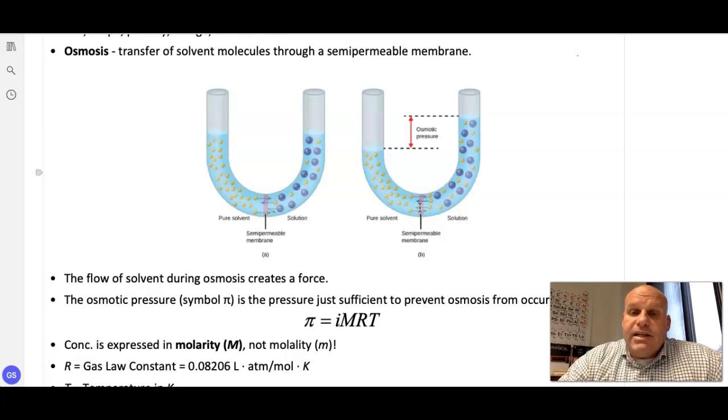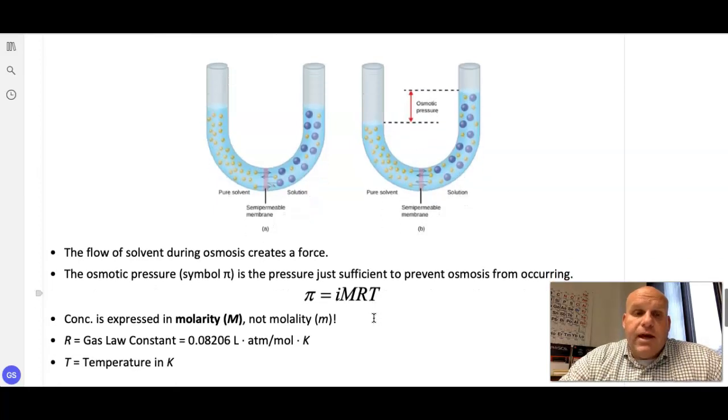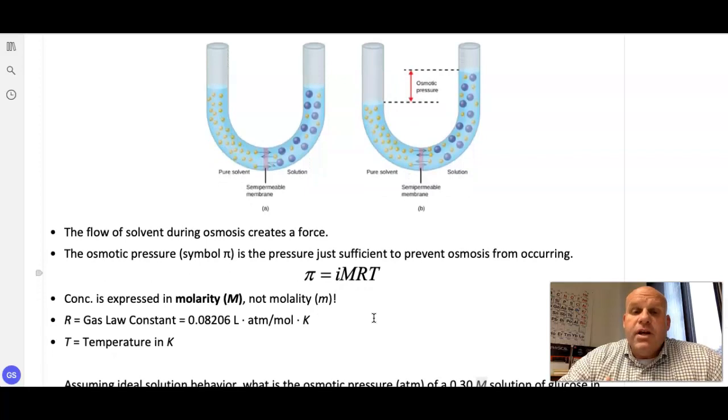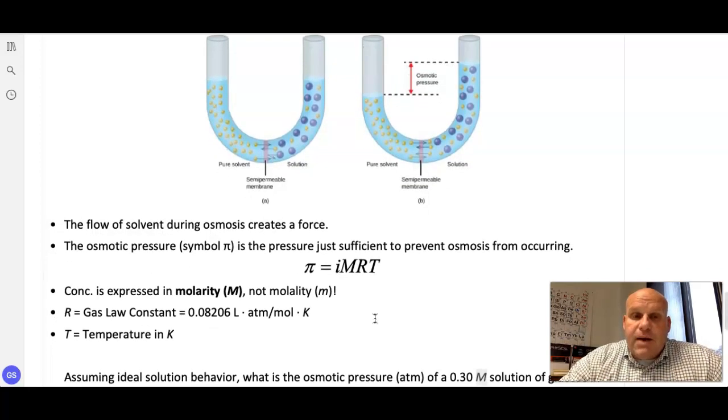So what happens is the level increases on this side, and the result is our osmotic pressure. The flow of solvent during osmosis creates a force. The force necessary to prevent osmosis from occurring is osmotic pressure.